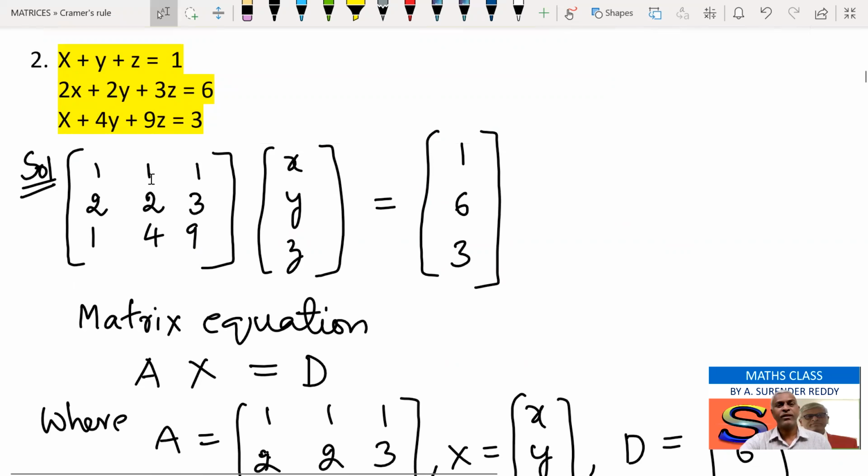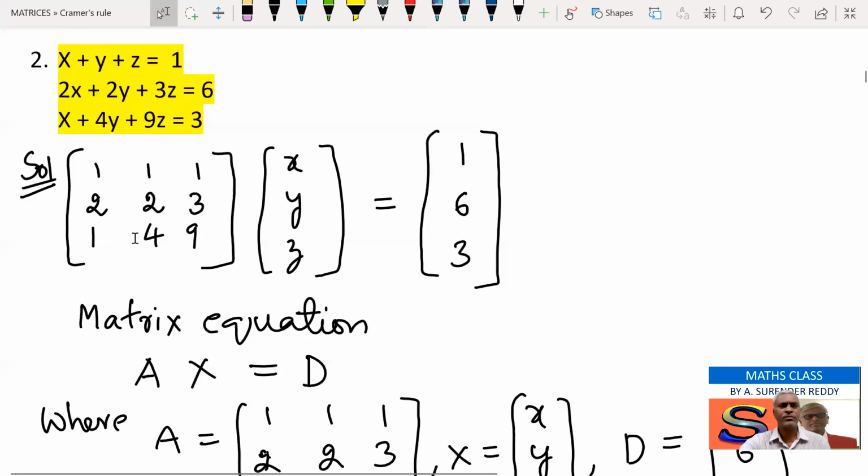In first step, convert them into matrix equation. The first matrix is coefficient matrix. In first equation, the coefficients of x, y, z are 1, 1, 1. Coefficients of x, y, z in second equation 2, 2, 3. Coefficients of x, y, z in third equation 1, 4, 9.